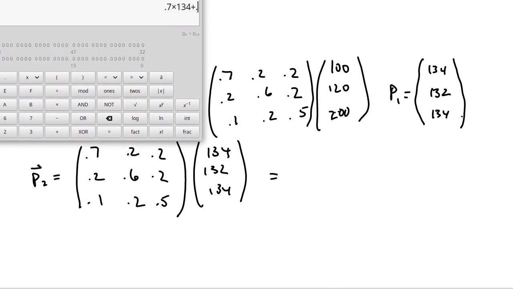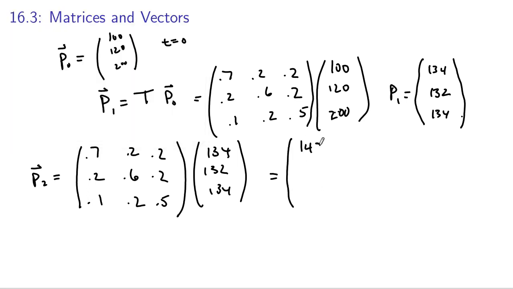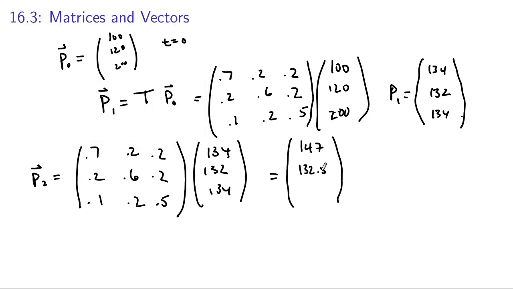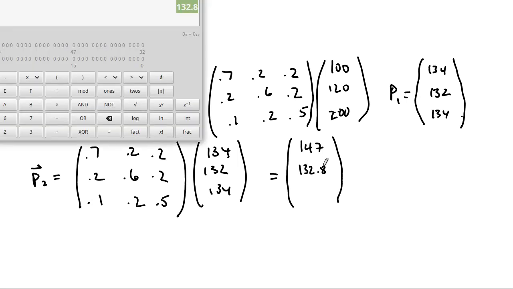0.7 times 134 plus 0.2 times 132 plus 0.2 times 134, 147. 0.2 times 134 plus 0.6 times 132 plus 0.2 times 134, 132.8. 0.1 times 134 plus 0.2 times 134 plus 0.5 times 134.